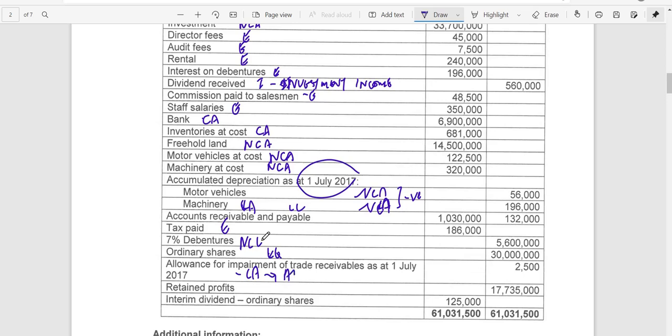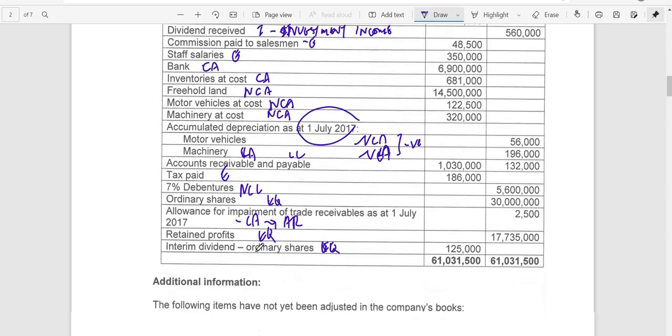Right, so your accounts receivable, this is the contra asset or negative current asset. Retained profits given there was before the adjustment that you have in the additional information. So this is equity, and interim dividend is also a distribution of equity, which is distribution of retained profits.